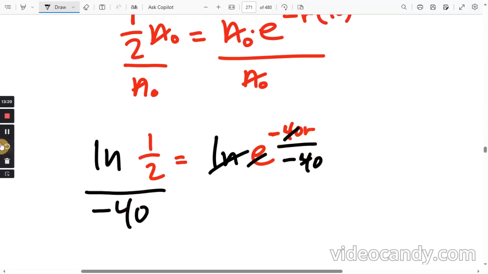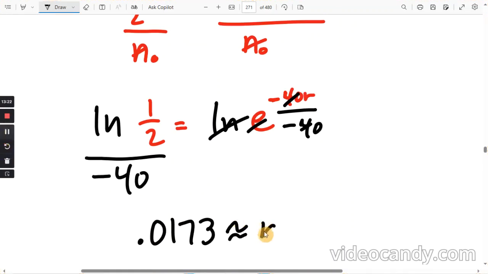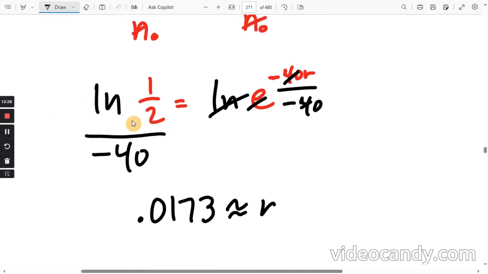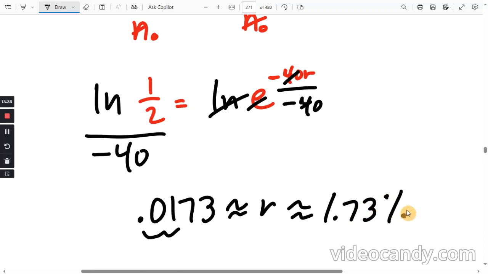Let me go to the calculator. Rounding off, 0.0173. Their answers are in percent, so we have to convert it. You move it over 2 places, and that means r is approximately 1.73%.